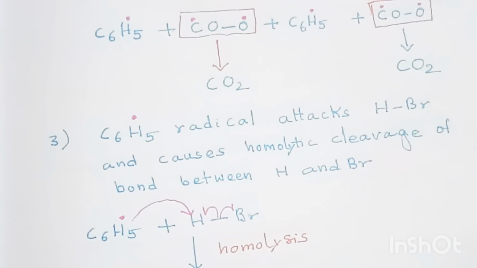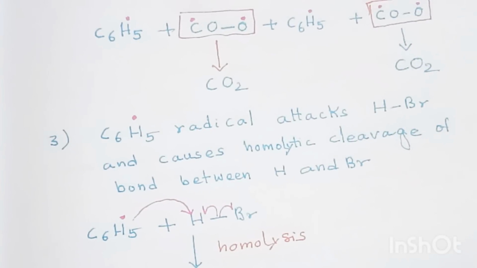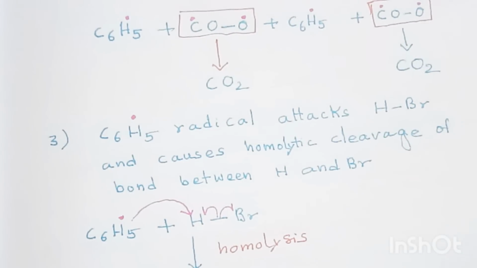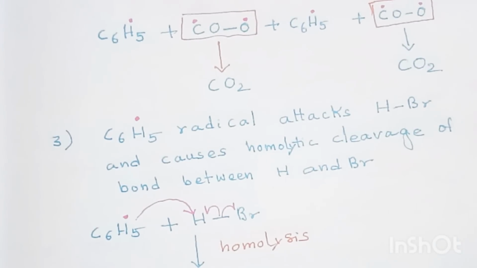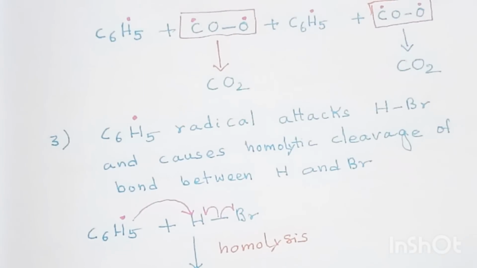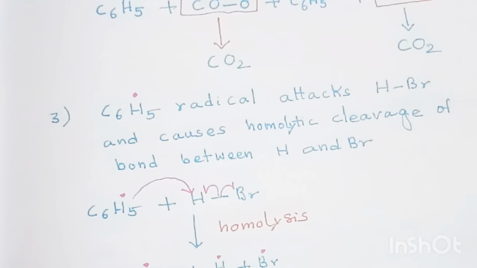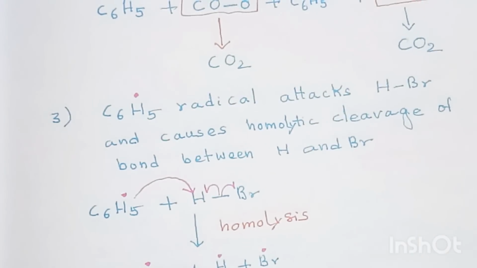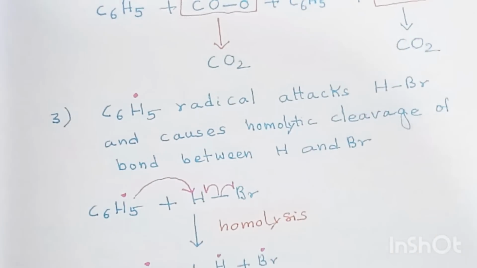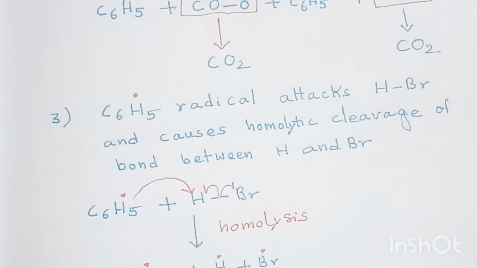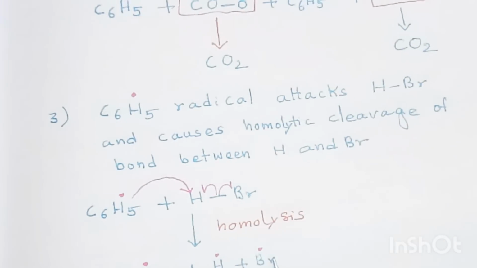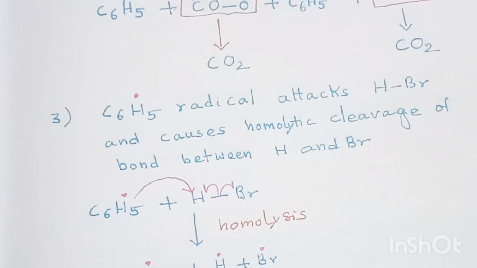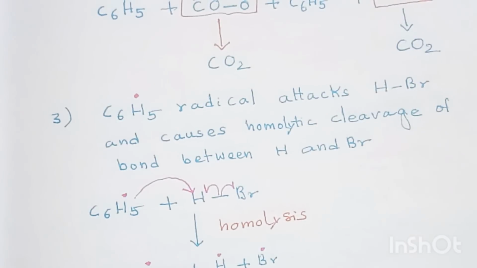We get H radical and Br radical. This C6H5 radical will form a bond with this hydrogen radical and forms C6H6. This is benzene and bromine free radical is there.